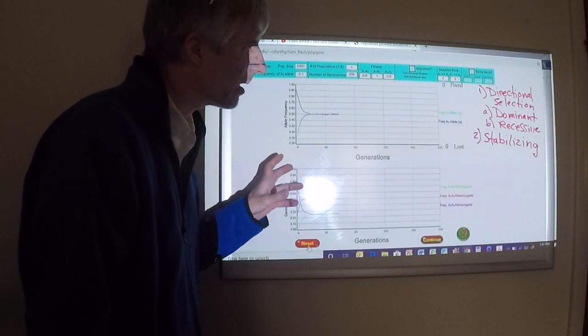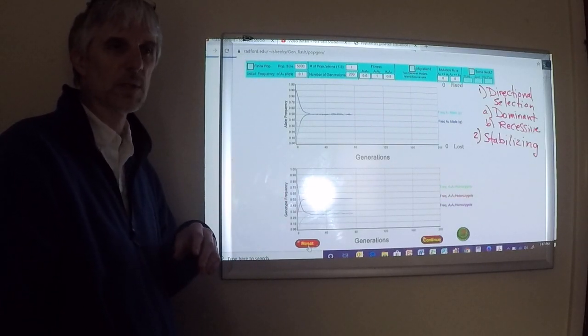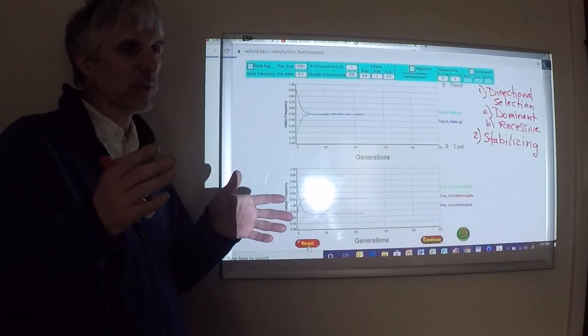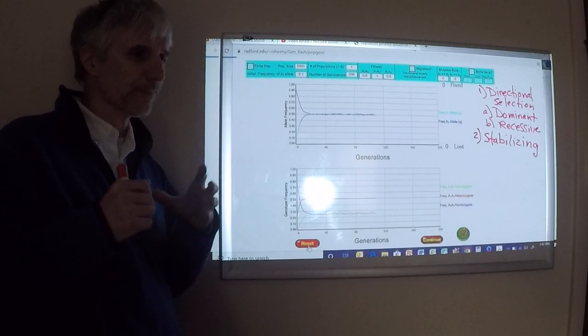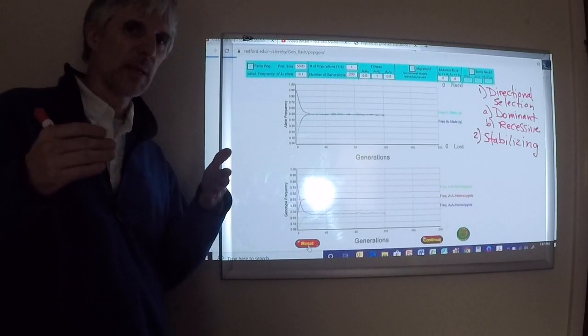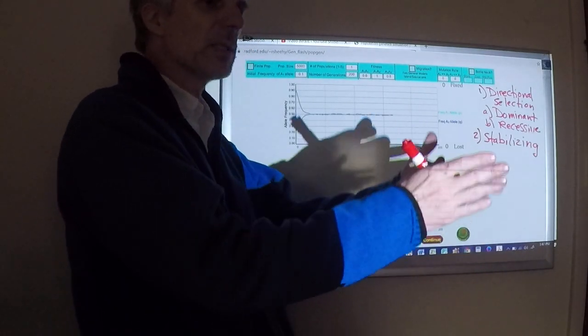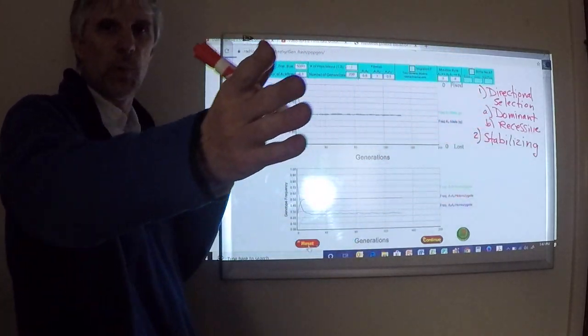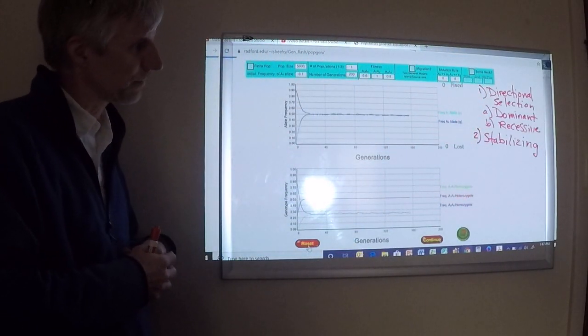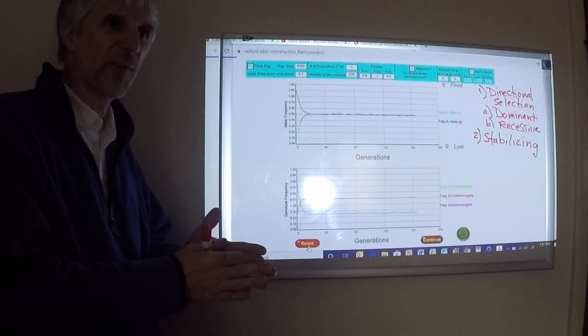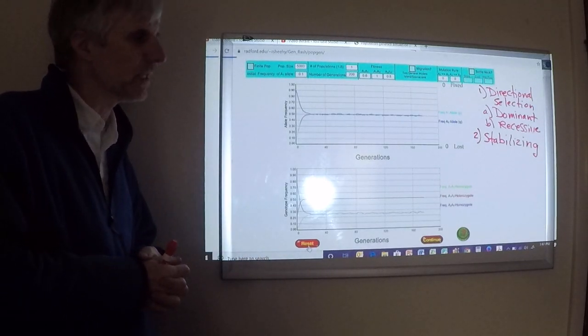This is a weird situation for natural selection. When we've done natural selection before, we always talked about natural selection working against alleles to remove them from populations, in favor of the best fit genotype.